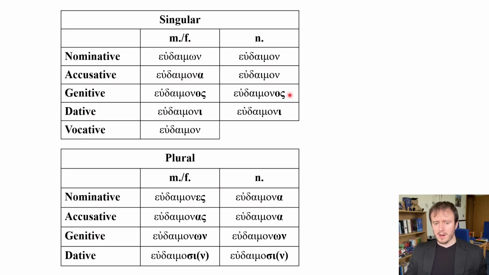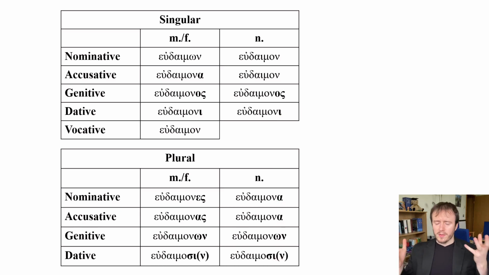So we could just remember that adjectives in -ων and -ον decline like a 3a noun in the masculine/feminine and like a 3b noun in the neuter, although they don't have a mute in the stem like most 3b nouns do. Instead, their oblique stem ends in -ον. But in the neuter, the endings that are used are the same as those of a 3b noun.